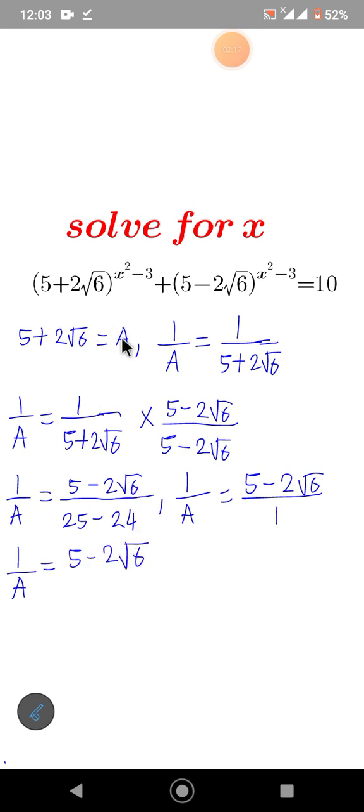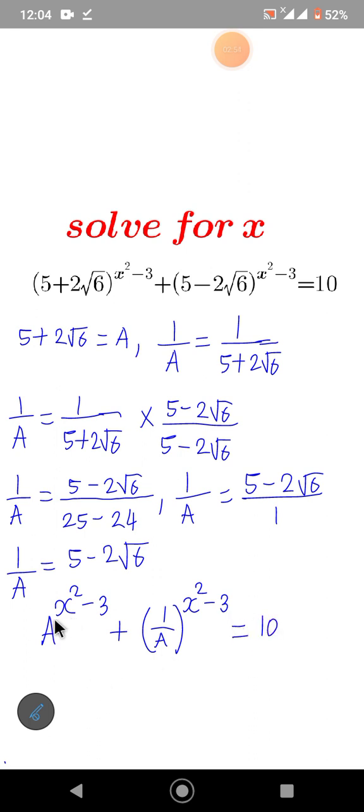So if a is equal to 5 plus 2 root 6, then 5 minus 2 root 6 is 1 over a. So I'm going to replace this now with a. So we have a raised to the power of x squared minus 3 plus this now is 1 over a. So write 1 all over a raised to the power of x squared minus 3 all equal to 10.